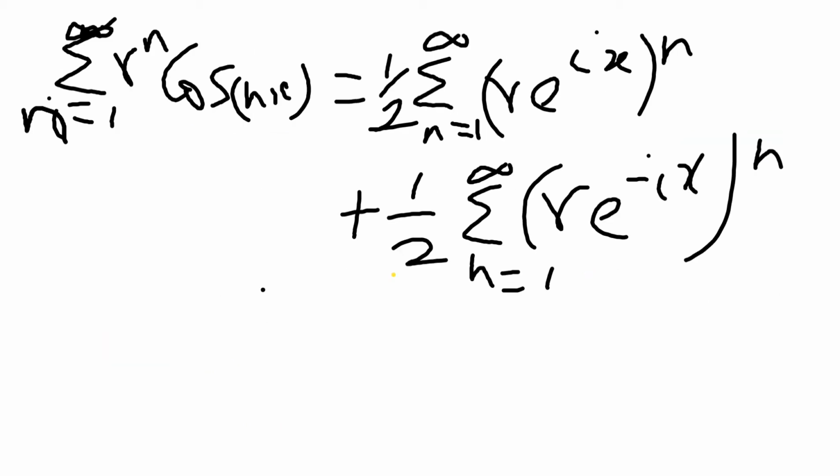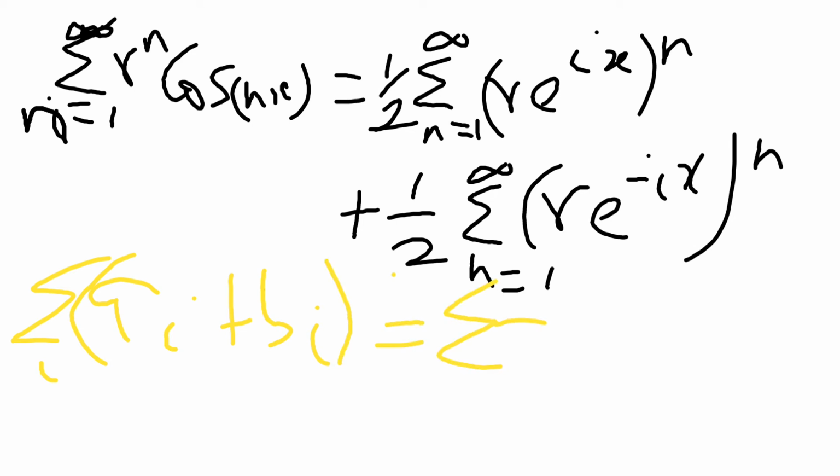Now if we try to sum both sides, we will have this. For instance, the sum over i of (a_i plus b_i) I can write as the sum of a_i plus the sum of b_i. Sum is linear, that's why I'm doing this.